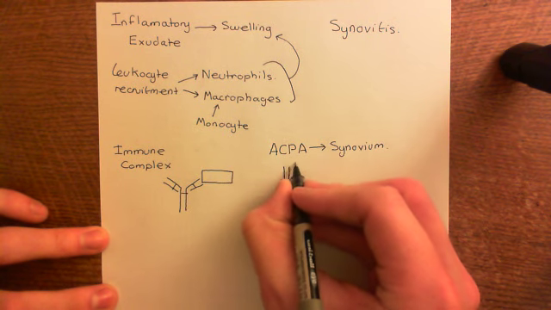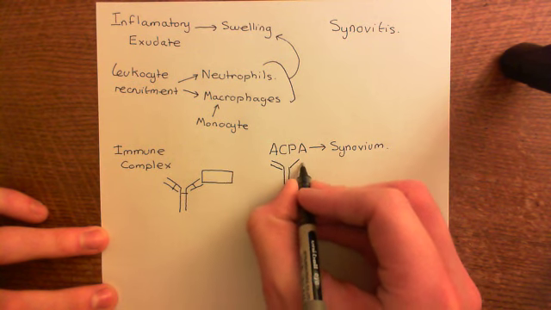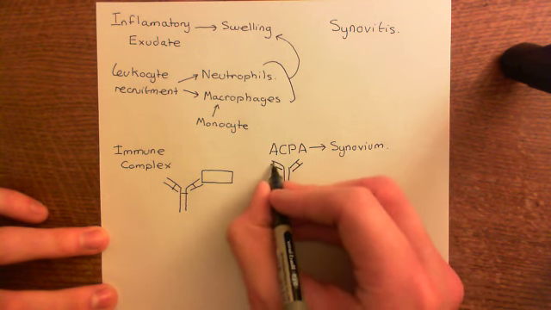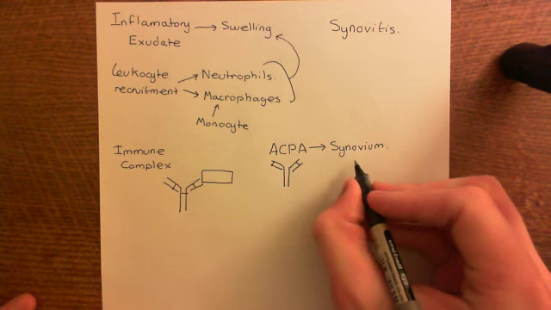So previously they were just circulating within the blood, potentially for years and years and years, and they could not get access to the interstitial fluid of the synovial membrane. Okay, but now that you've got this synovitis occurring, loads of these antibodies are going to end up in the interstitial fluid of the synovium, and there they will meet their antigen.